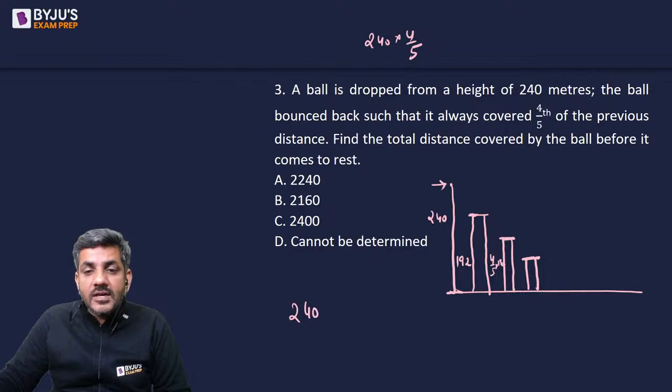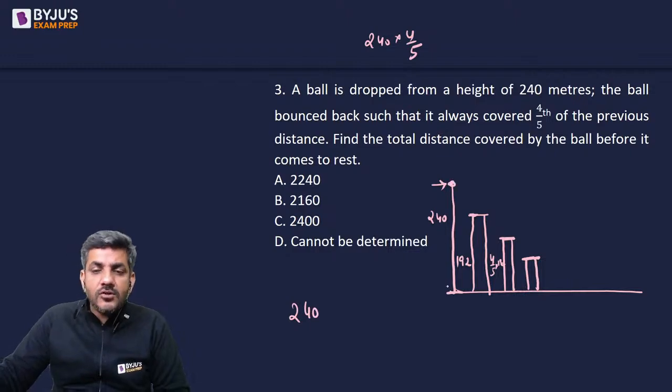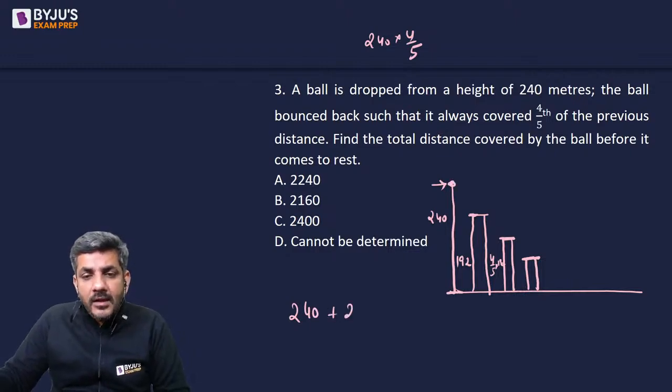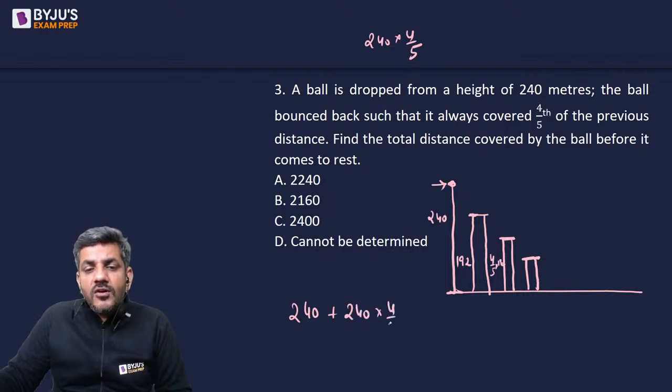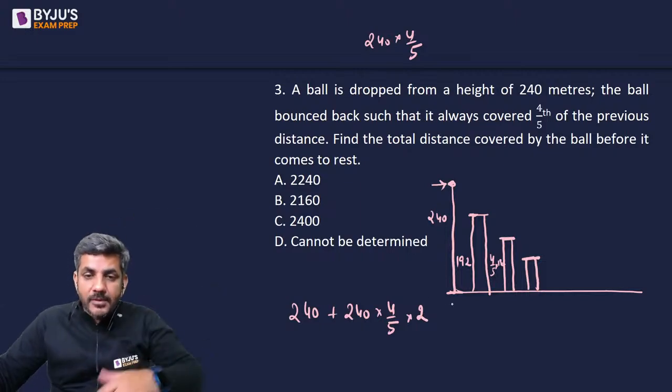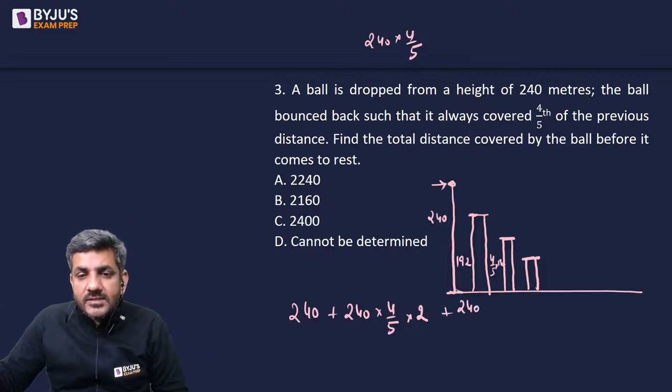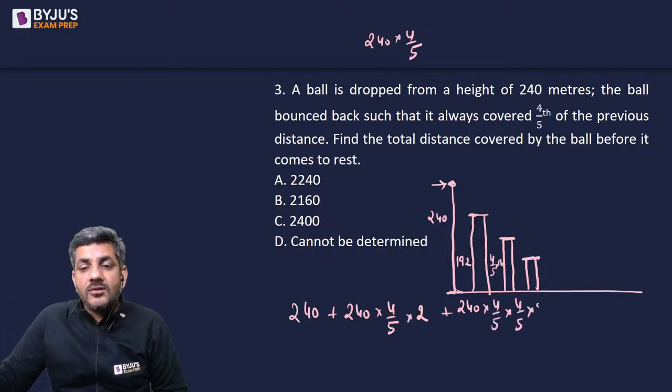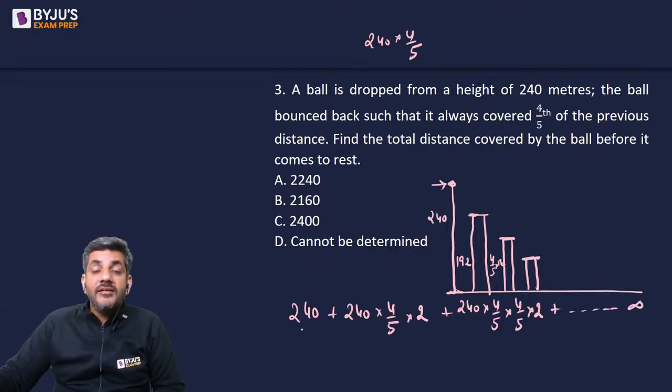It covers 240 first of all. When it comes from the top to the bottom, it covers 240. After that, it covers 4/5 of 240, which is 192, and it covers it twice. It goes that much above, and comes back below. Next time it covers 4/5 again, and that is covered twice, and that way it will go up to infinity.